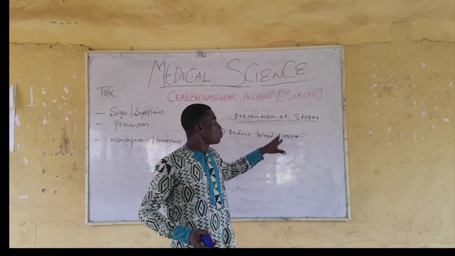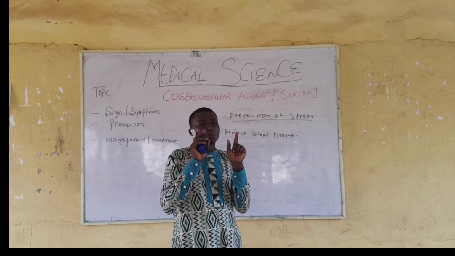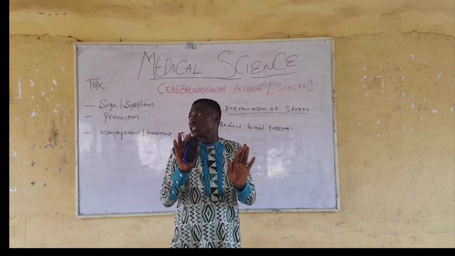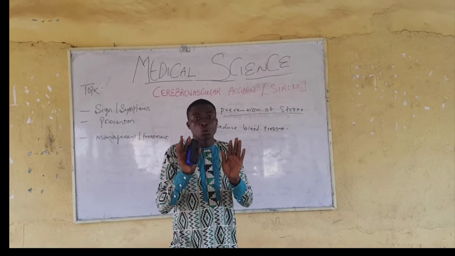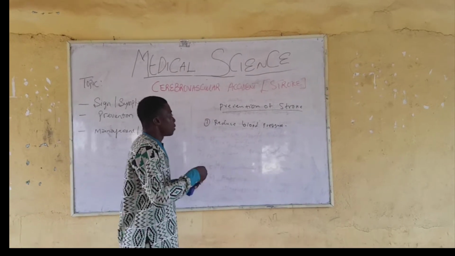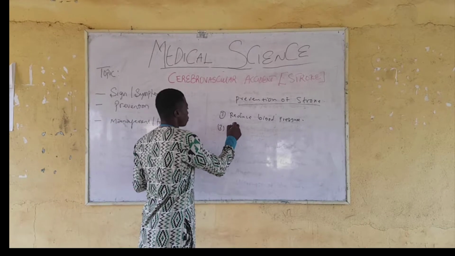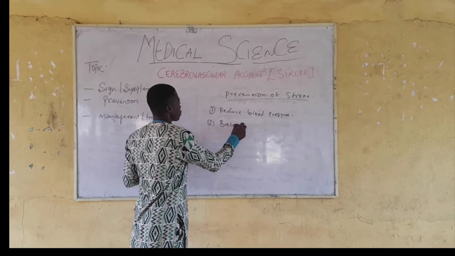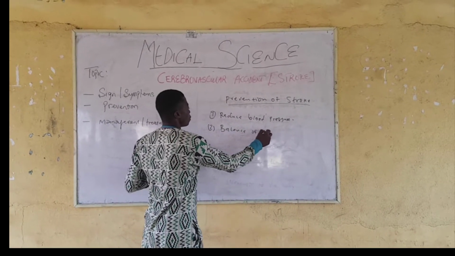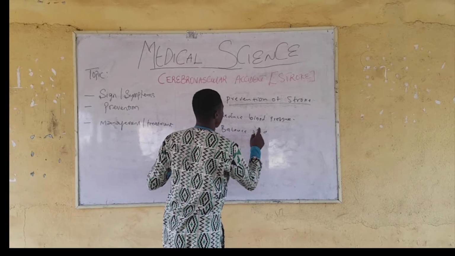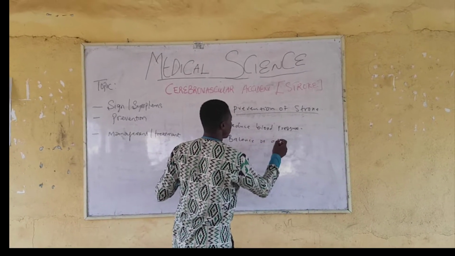So reducing blood pressure is one of the major ways of preventing stroke. Then another one is a balanced or adequate diet, number two.